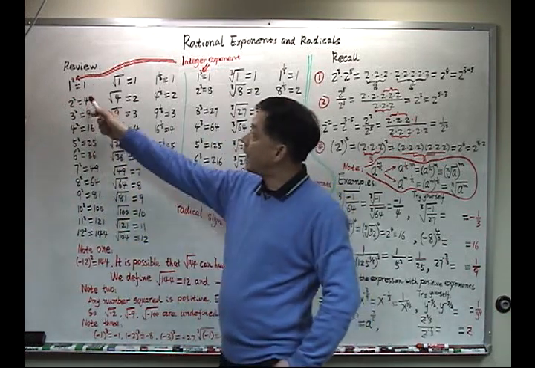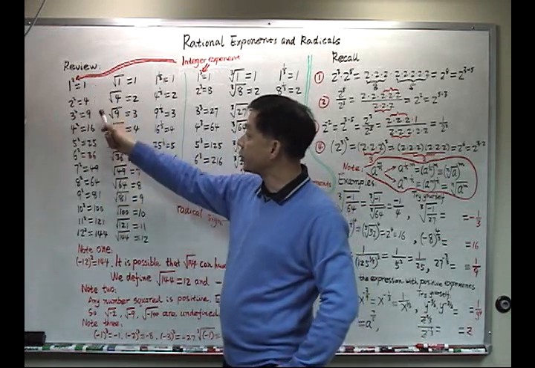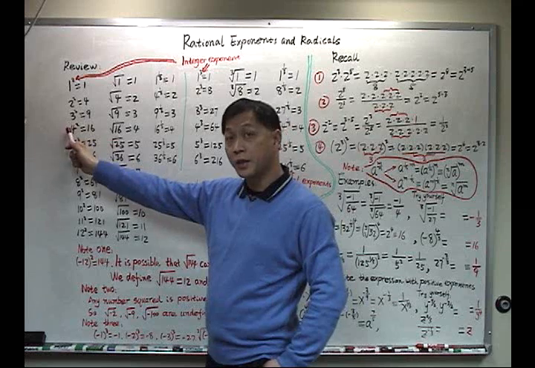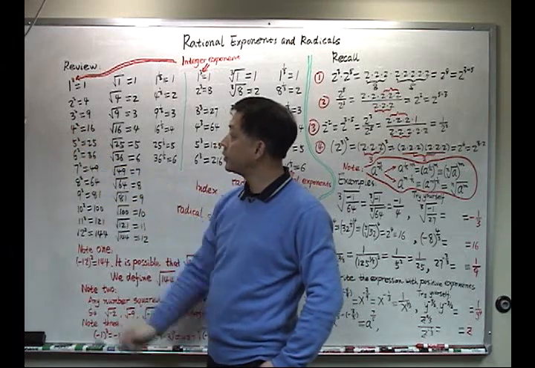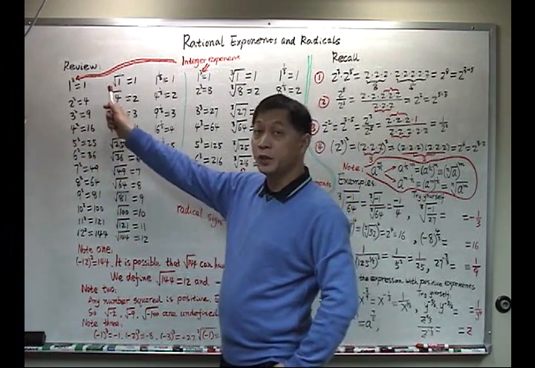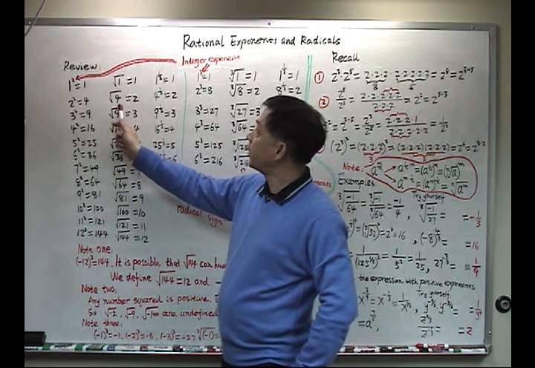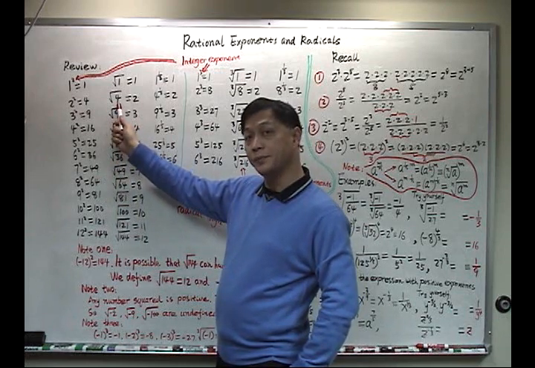If you want to go back from the numbers in the second column to find out the numbers in the first column, you can do it in two ways. One way is to use the radical sign.